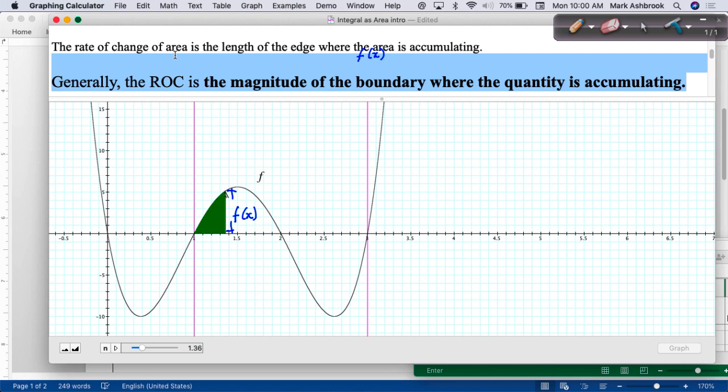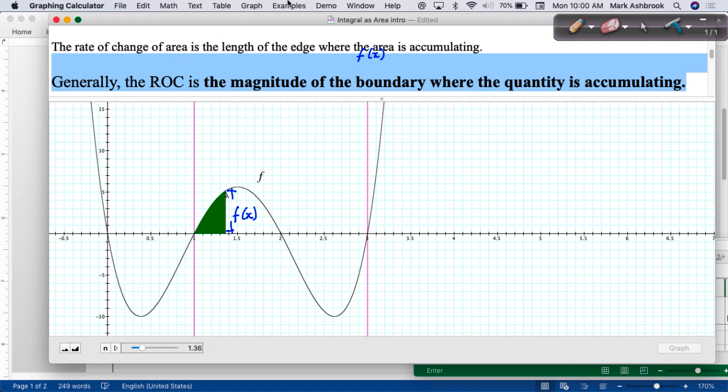So for area, what is that? That's the right edge. The right edge is the boundary where it's accumulating, and so the length of that right edge is the rate of change. But we'll see this, what I've highlighted there, again for different geometric applications. Any questions?